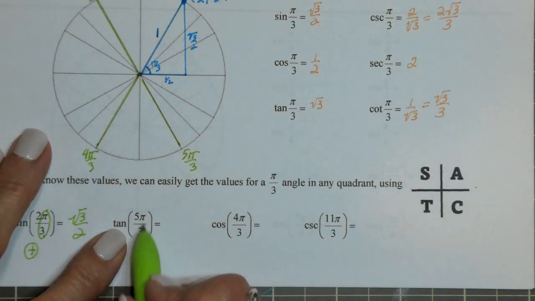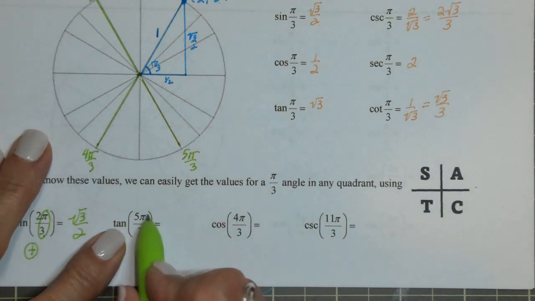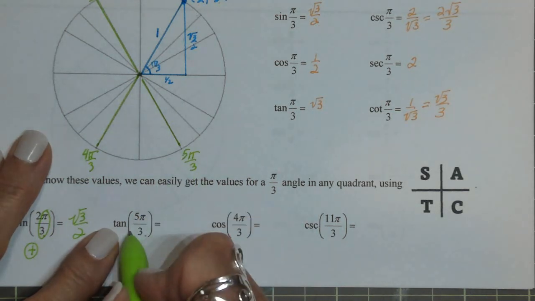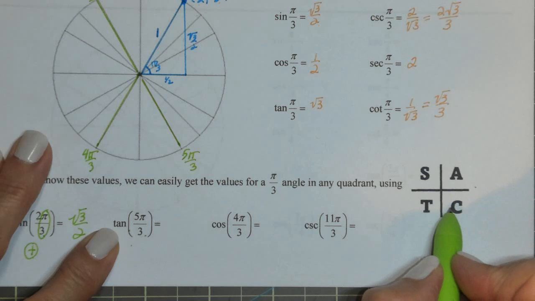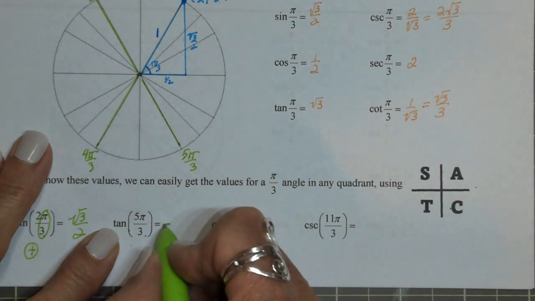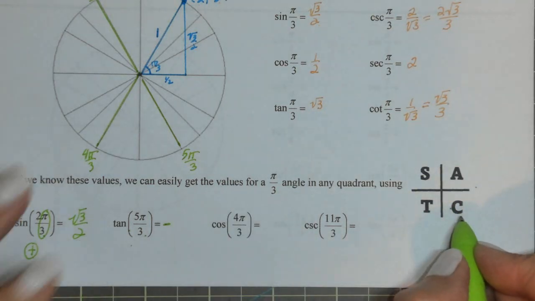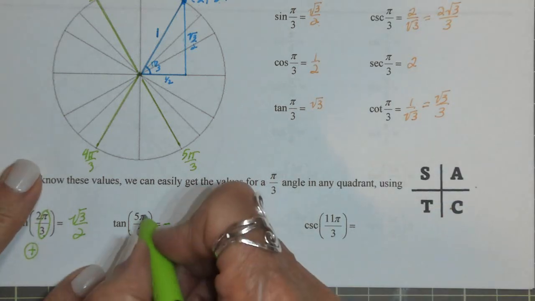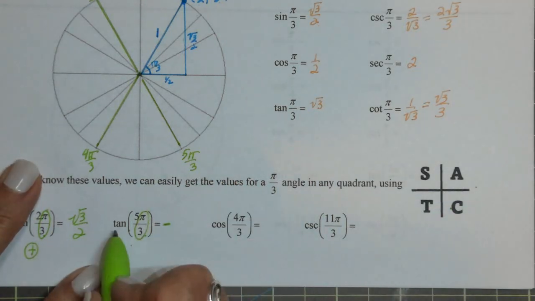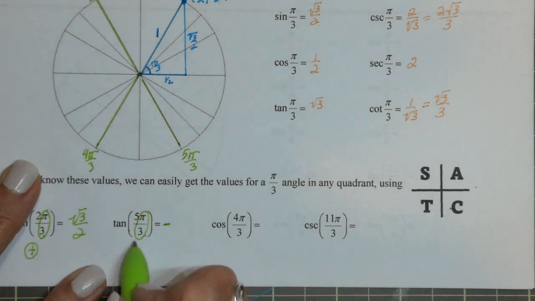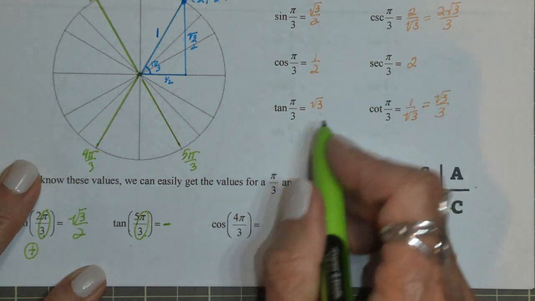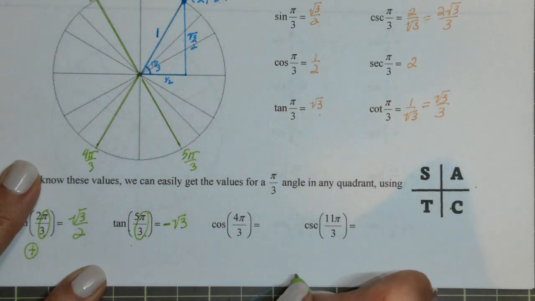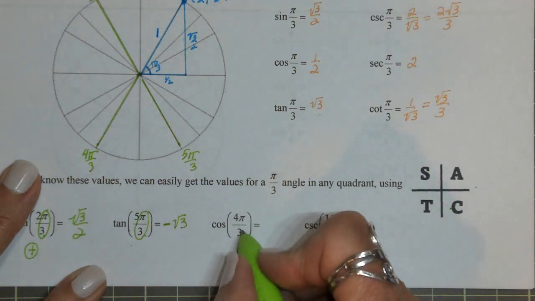Tangent of 5 pi over 3, what quadrant is that in? That's in quadrant 4, where tangent is negative, because only cosine and its reciprocal are positive in quadrant 4. But it's a pi over 3. And what is tangent of every pi over 3? Square root 3. 4 pi over 3.